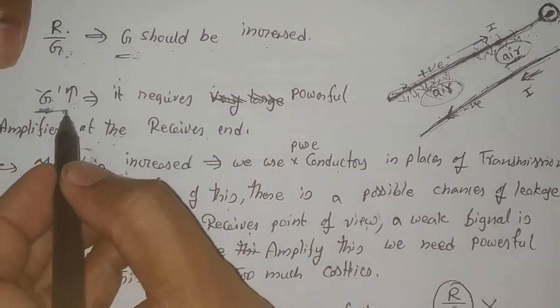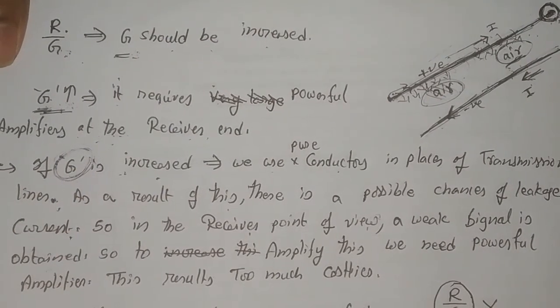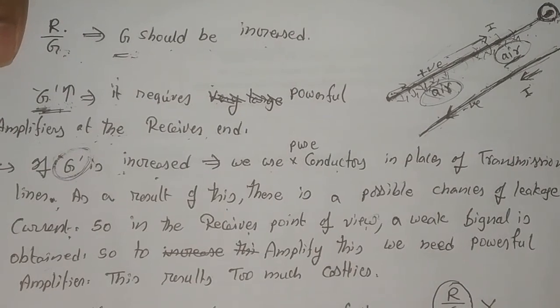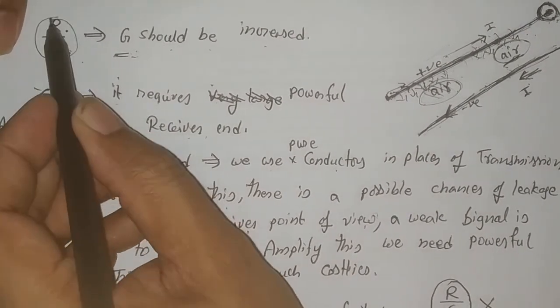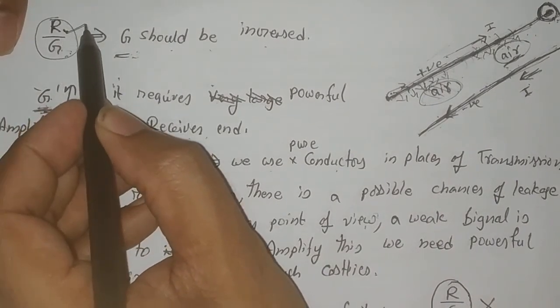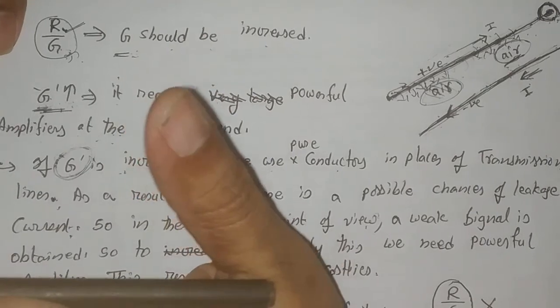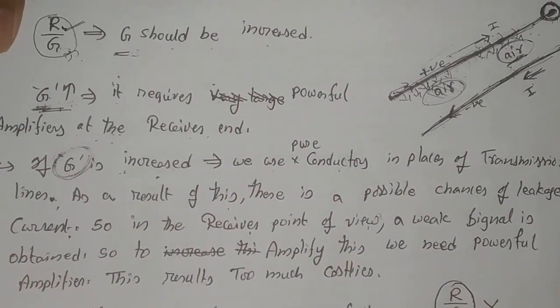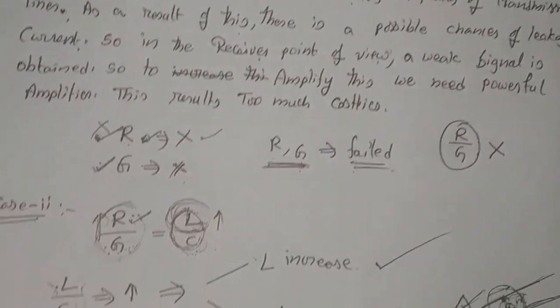Increasing the G value is not a good approach. Since the power amplifiers are too expensive, it is clear that reducing the R by G value, either by reducing R or by increasing G, is not exactly a good approach for the condition to be satisfied. Therefore, we can have another choice.